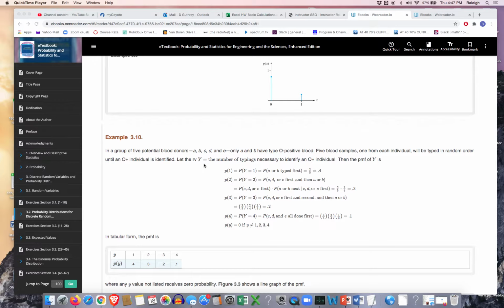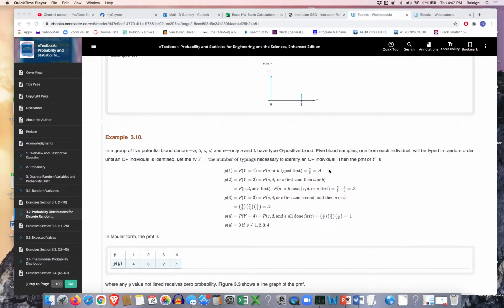Let the random variable Y be the number of typings necessary to identify an O positive individual. So we have to get an individual one. So the probability of 1, little p of 1, is on the first try, A or B is typed first. That's the easiest one. And yes, you have 2 chances out of 5 for that first draw to give us what we're looking for.